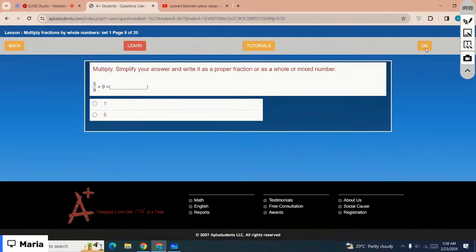The correct option is 5 it is, right? 4 times 1 over 4, which is the correct option? The correct option is 1, right?